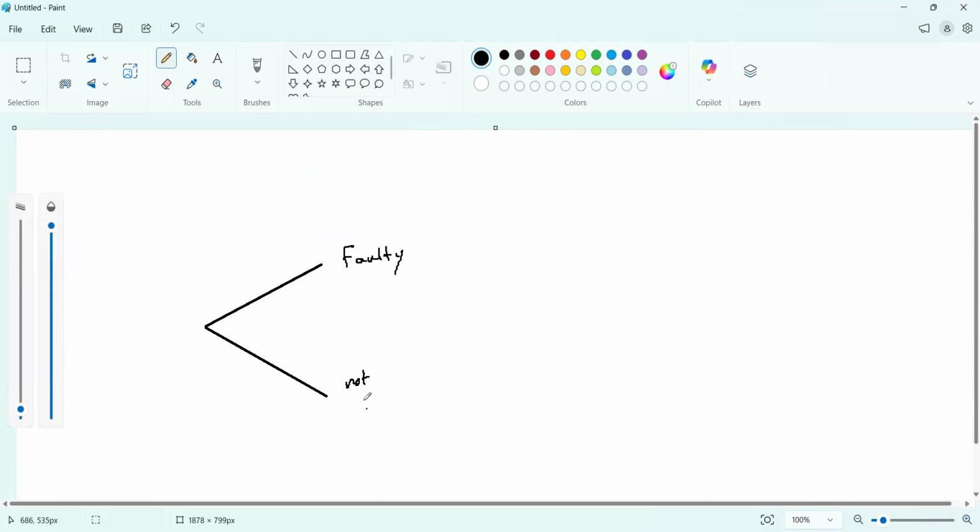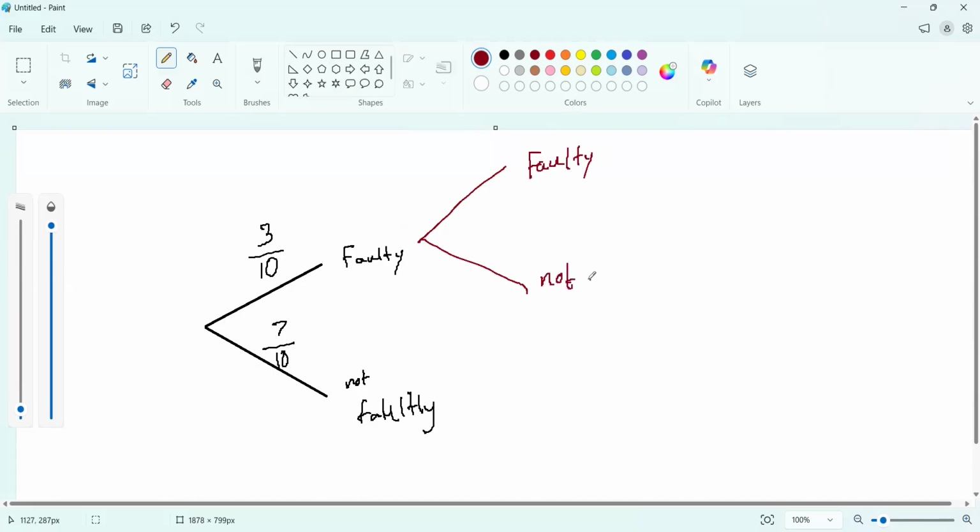So how to draw here? Altogether there are 10 bulbs. Out of 10, how many faulty? See, there are 3 and there are 7. If I take the faulty one first time, second time also can be faulty, or not faulty. What is the probability?